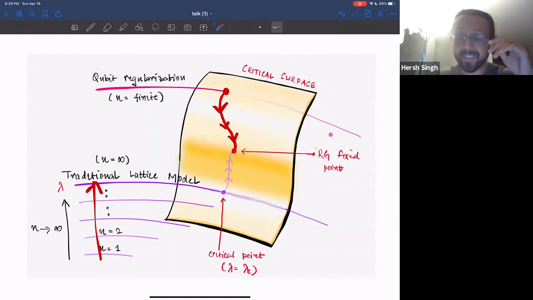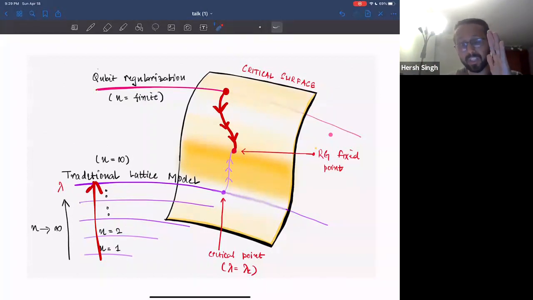What you're saying can also happen: I can also have marginal deformations which take me to some other fixed point, but that's a scenario I'm not talking about here. Does that clarify?